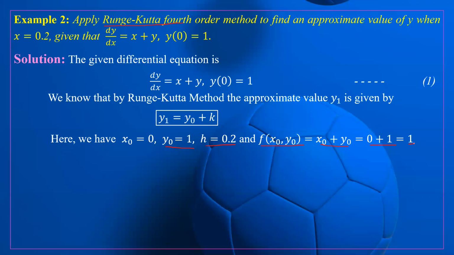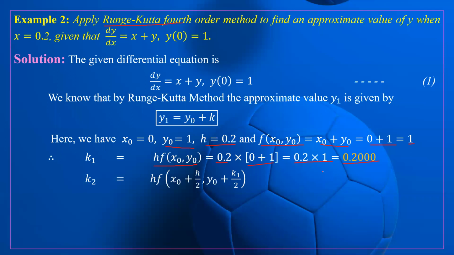It is similar to the Runge method, what we calculated in the last example. So K1 is the same for both the Runge method and the RK method. This is 0.2 into 0 plus 1. So we are getting 0.2 into 1 is equal to 0.2000.